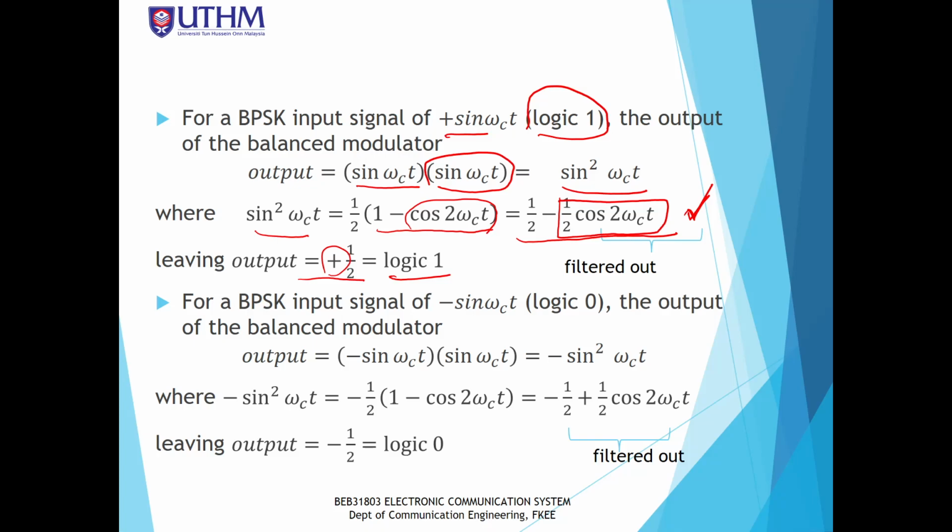Okay, so let's look at another input to the receiver, which is if the receiver receives negative sine omega ct. So negative sine, we know that from the transmitter it is logic 0.